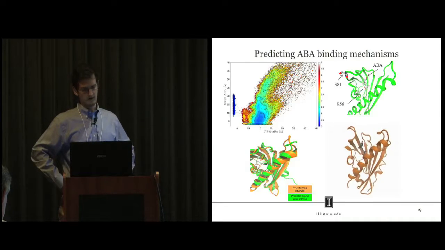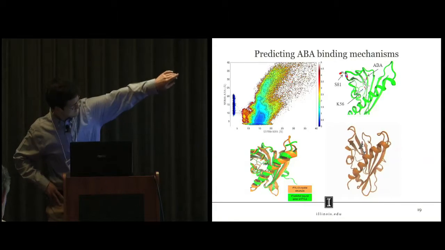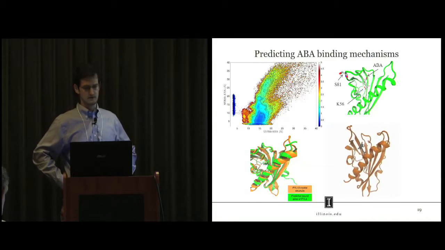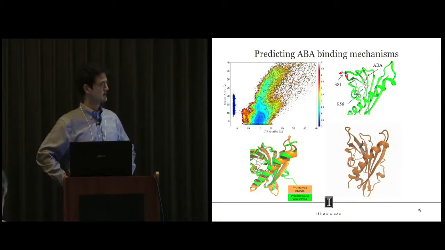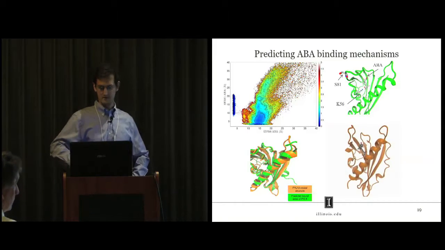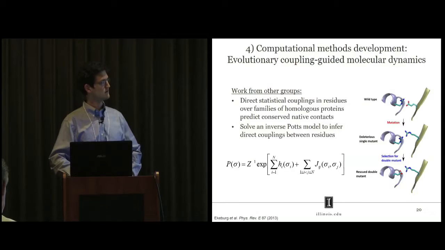And we found that it interacts with the serine on the loop shown in the picture in the top right hand corner, and then before it jumps into the binding site and interacts with the lysine in there. But it's still unclear how this actually activates the protein. So that's something that we're working on in the future.